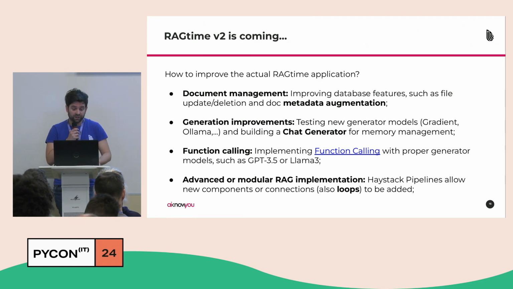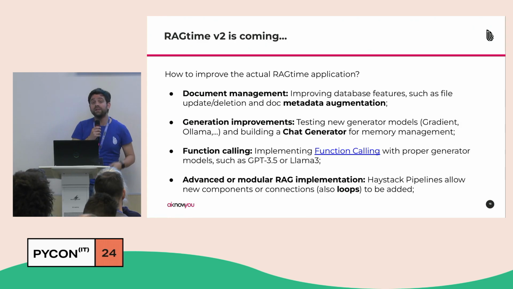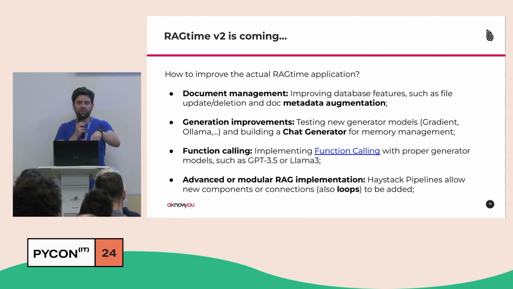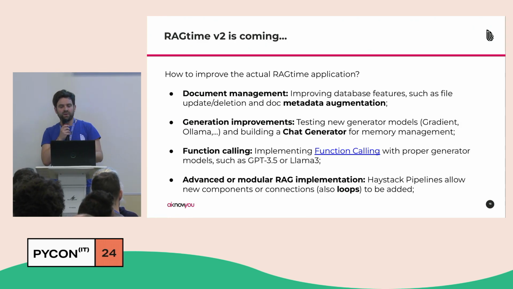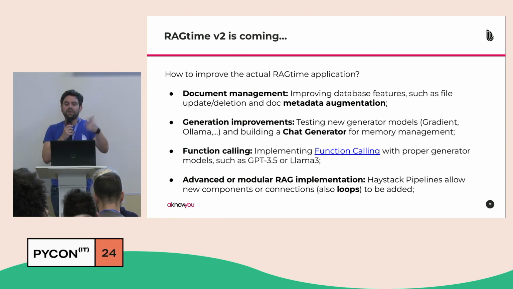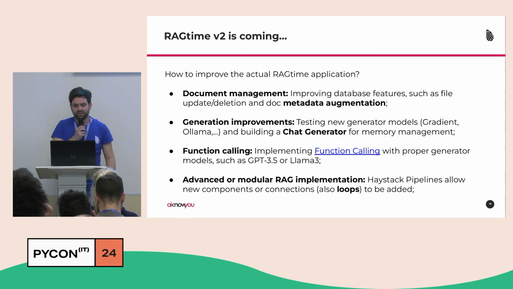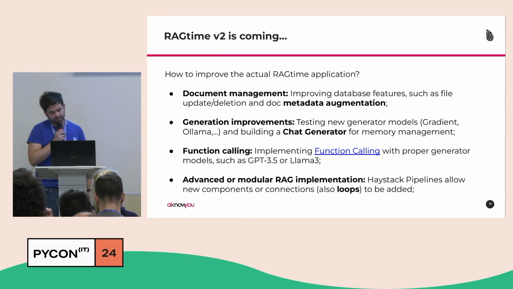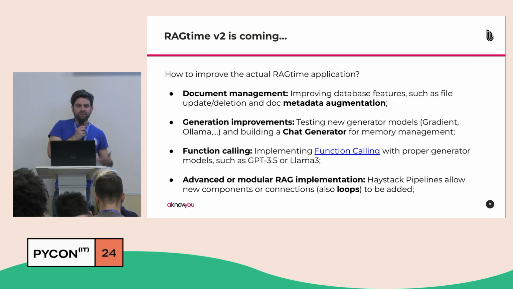We can improve the generation, testing new generator models, but even building a chat generator. In this case, the memory is not properly handled, but we can add this memory management part too. Function calling is another important part. I don't know if you have ever heard about function calling.